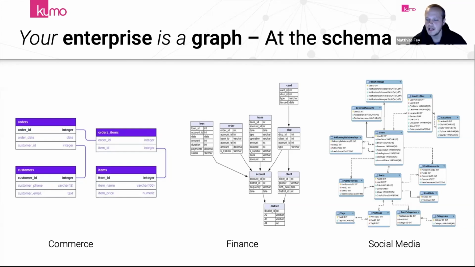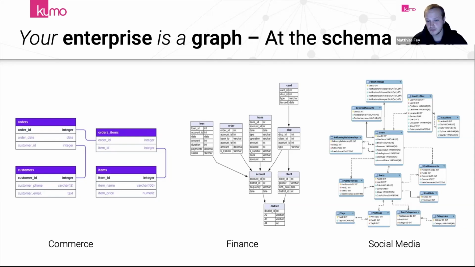Social media is a classic example as well, where you have users, their user profiles, their locations, their activities, their posts, their friendships, and so on. This is an example of a very highly relational graph you can learn a lot from. But it's important to see that this is a graph on the schema level, so we often frame that as a meta graph.